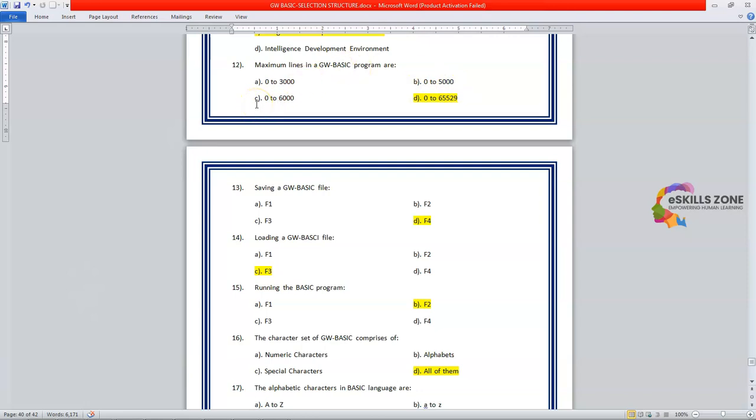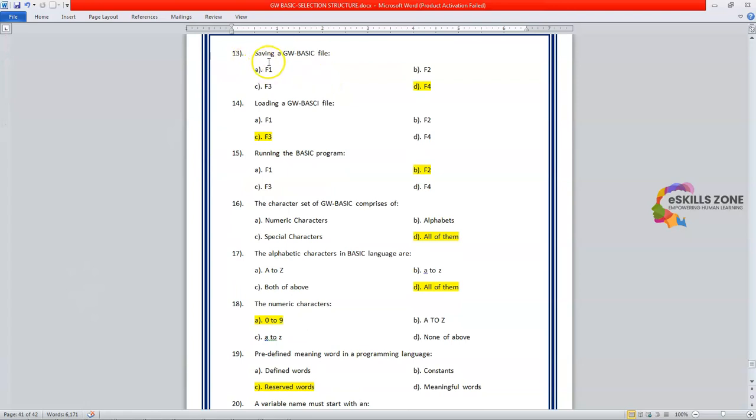Option C is 0 to 6000, and option D is 0 to 65,529. Yes, the right answer is 0 to 65529, which is the maximum lines in a GW basic program.